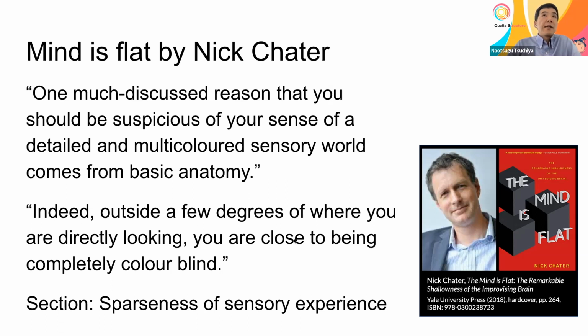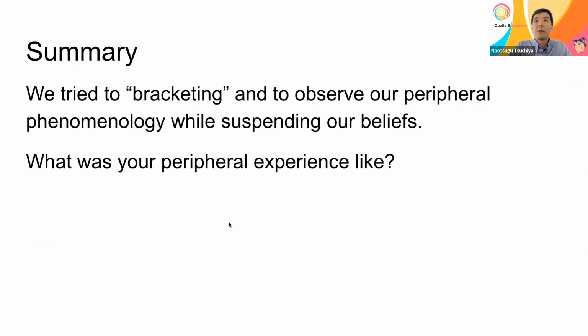Within it, he says quite extensively that our consciousness is an illusion. One quote here is that one much-discussed reason you should be suspicious of your sense of a detailed and multicolored sensory world comes from the basic anatomy. What he talks about is basically this figure.